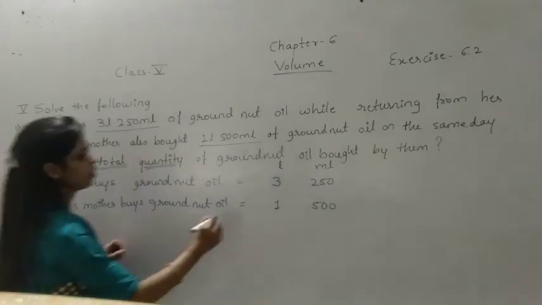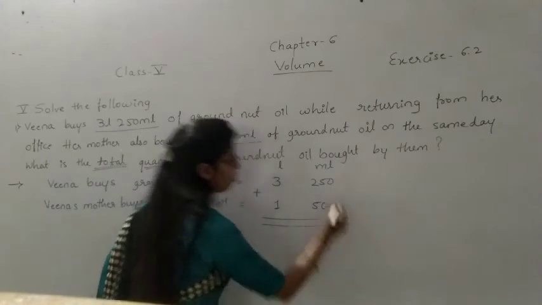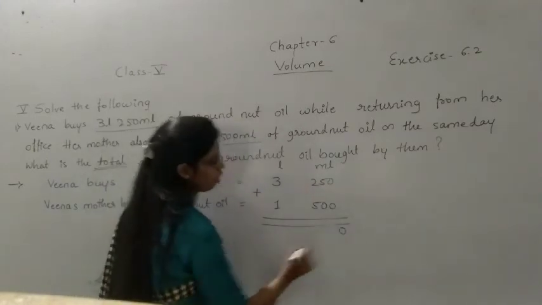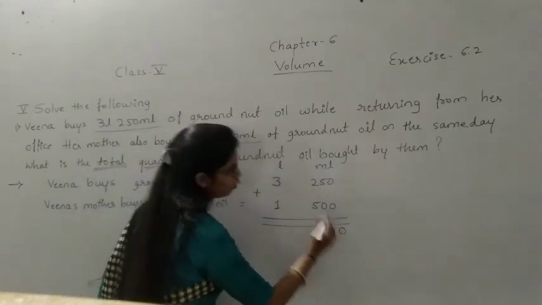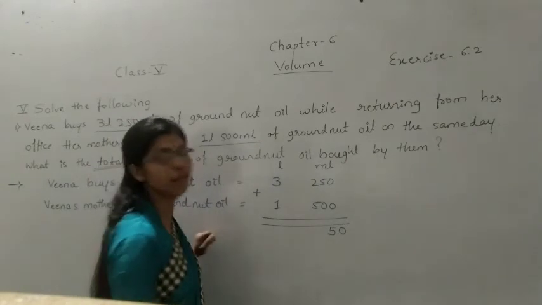So 0 plus 0 is 0 only. 5 plus 0 is 5. 2 plus 5 is 7. Next, 3 plus 1 is 4.